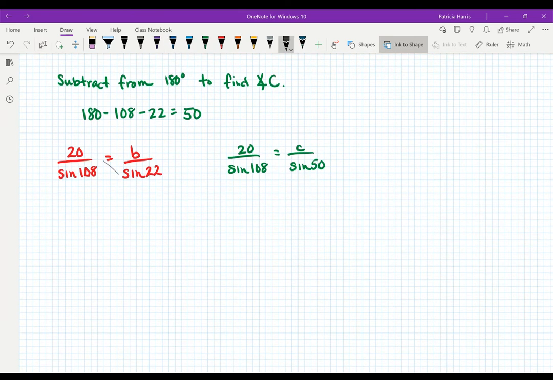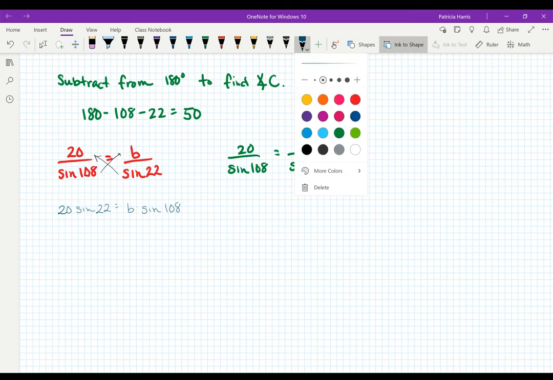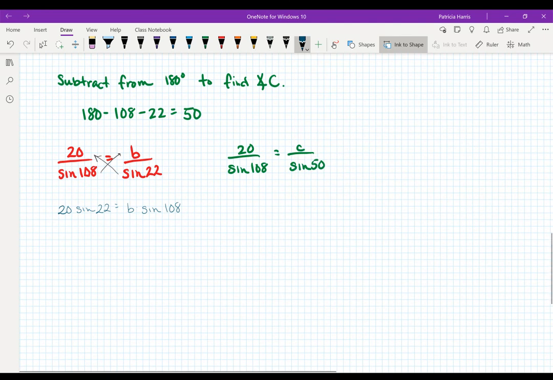So cross multiply. So we get 20 sine 22 is equal to B times sine 108. Now I'm solving for B, so what I'm going to do is divide by sine of 108.